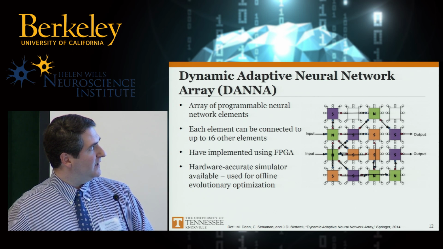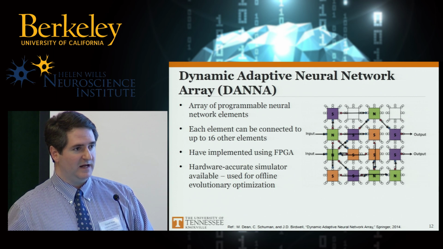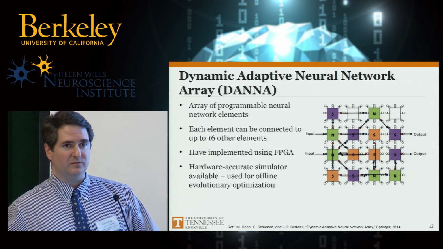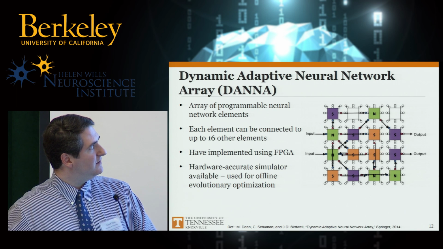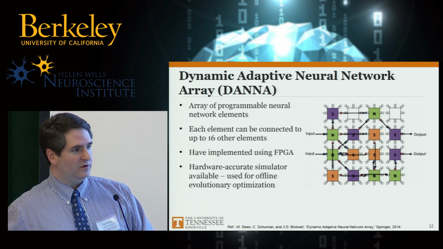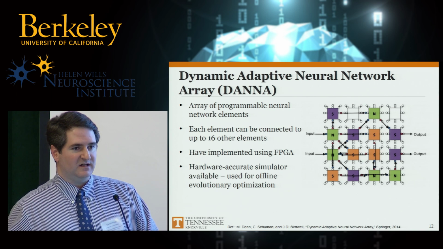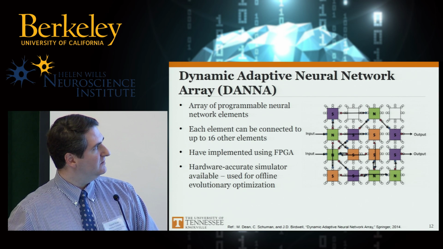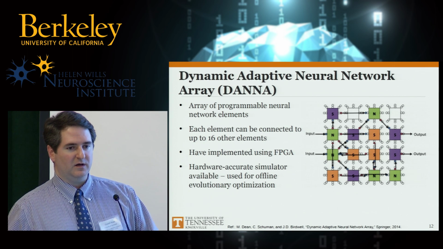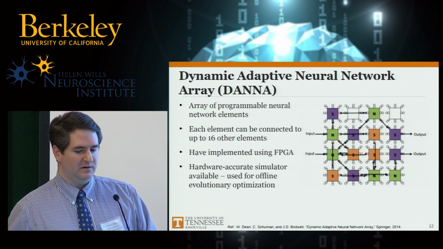So we can configure these various blocks to act as neurons or synapses. The synapses, really, a lot of that's going to be configuring the delay. That's what's taking up most of the area there. Each element, whether it be a synapse or a neuron, can connect to up to 16 of its neighbors. So you can see the illustrations here where there's 16 possible connections, and you connect those in a way not too different than in an FPGA.